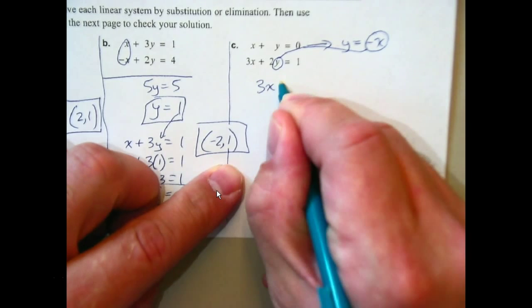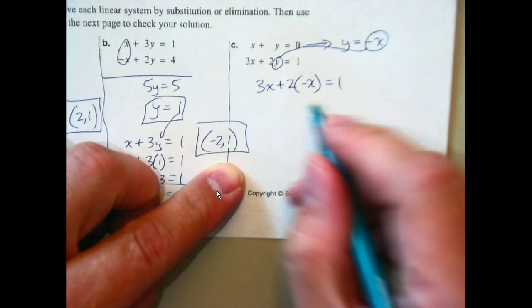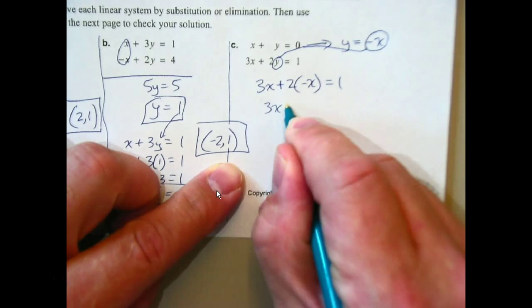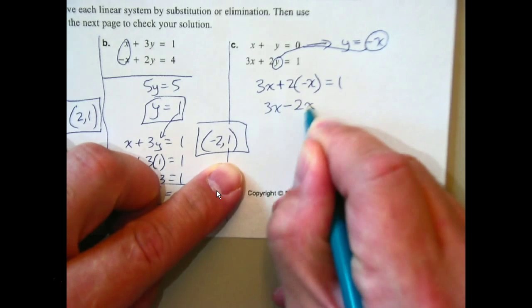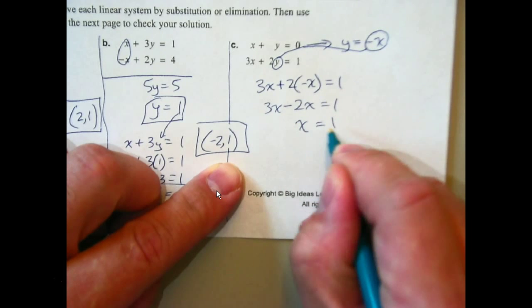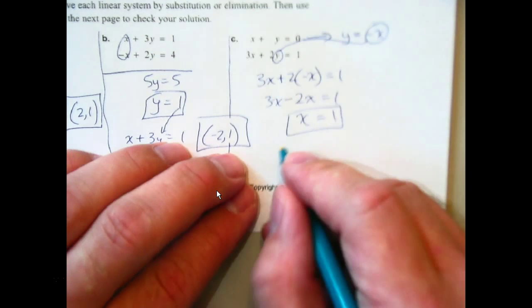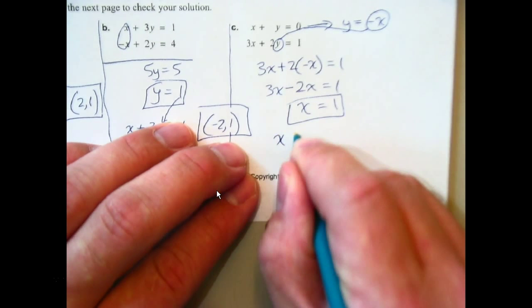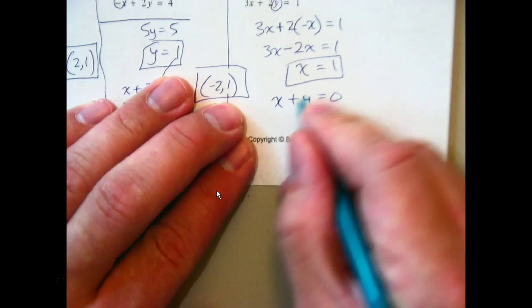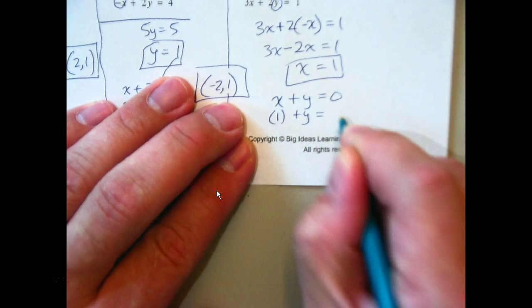So I get 3x plus 2 times negative x, which gives me 3x minus 2x equals 1, or x equals 1. All right? And then I'm going to plug that into my equation, x plus y equals 0. So if x is 1, 1 plus y is 0. So y equals negative 1.